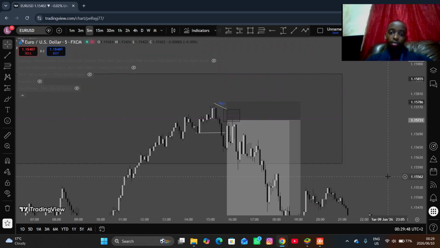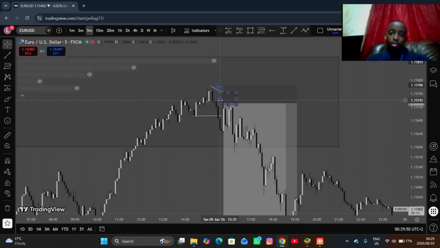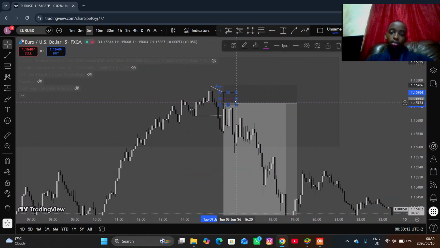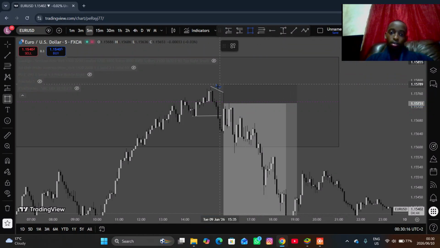Price reacted from the imbalance and retraced into this favorable gap here, but we marked it out as an OTE because that's the 61% fib retracement level. Or we could have just used this favorable gap right here.